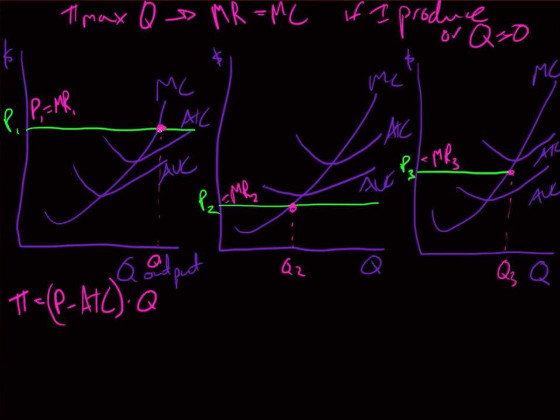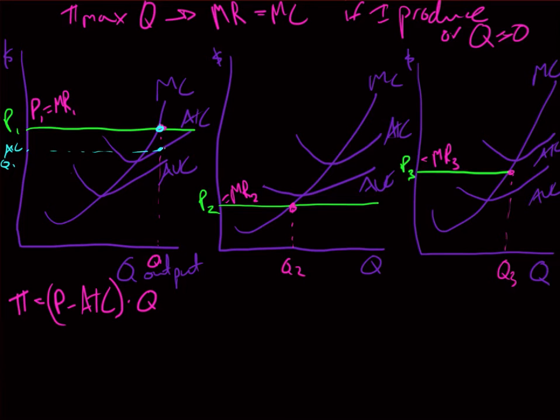Well, in this case here, I could think that my price, just going to change colors here, is this point here, because I see that it's there. For this quantity, this is my average total cost. So this is my average total cost at that quantity Q1.